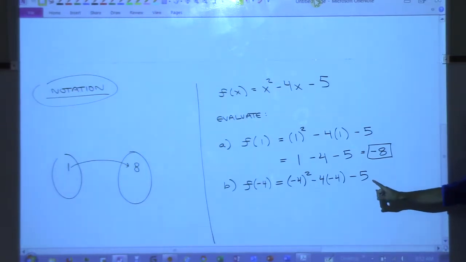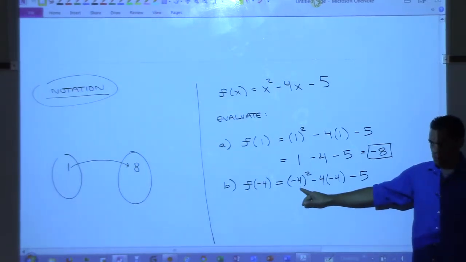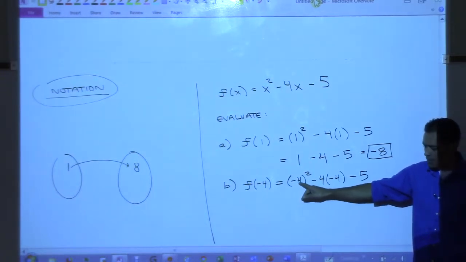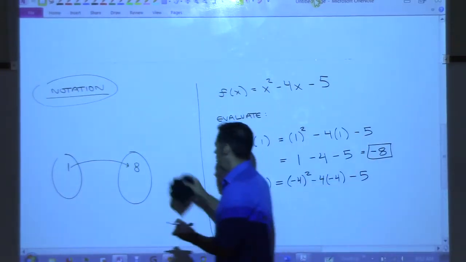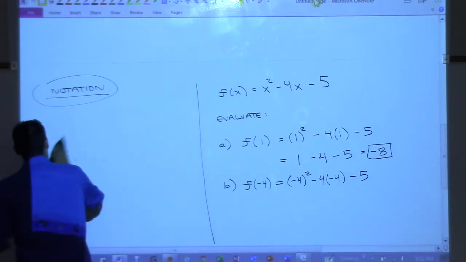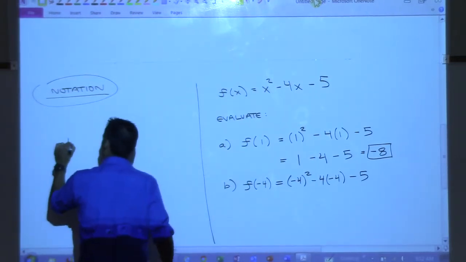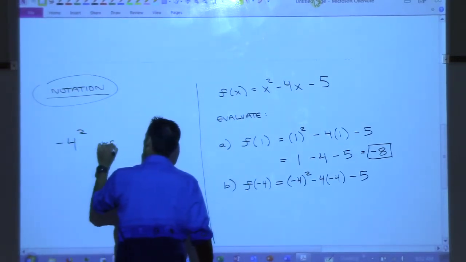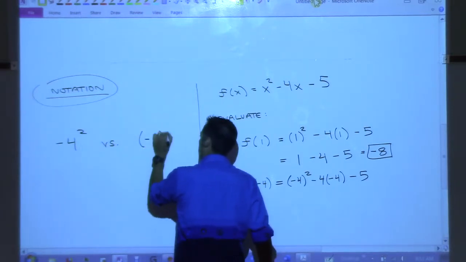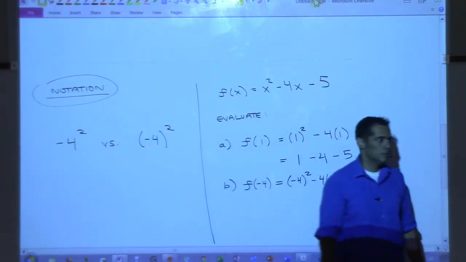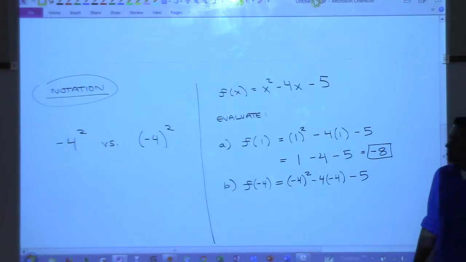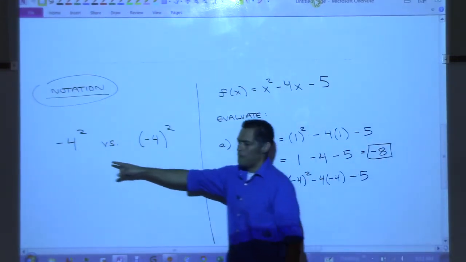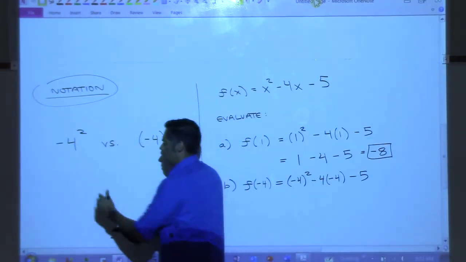Now, do we see why the parentheses are important? Let's look at this expression right here, negative 4 squared. We talked about this very early in the class, the difference between those two. What's the answer on the left side? Negative 16.